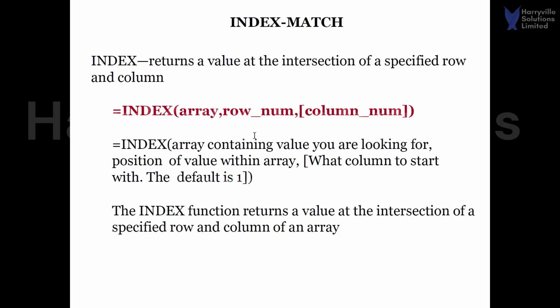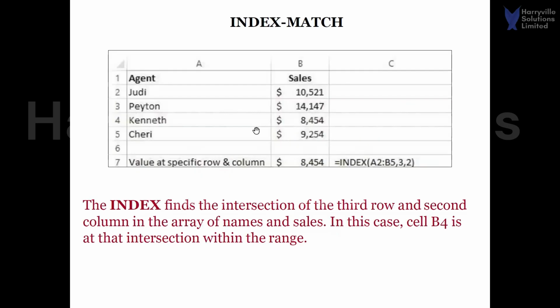The first option is the array, which is the table, then the row number you are looking for, and optionally the column number too. The array contains the value you are looking for, the position of the value within it, and then what column it starts with. The default is always 1. So the index function returns the value at the intersection of a specified row of an array.